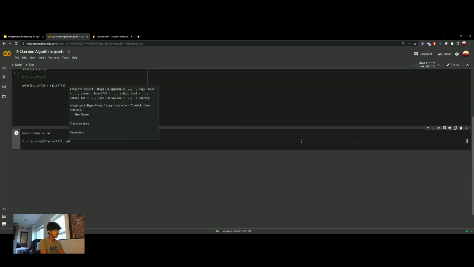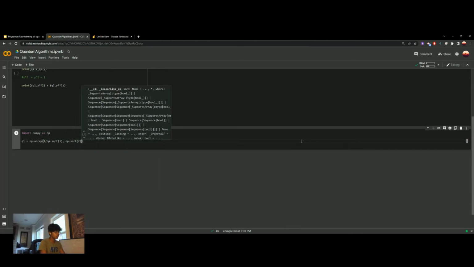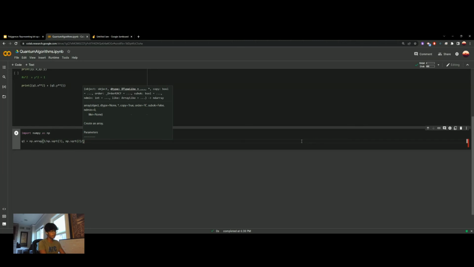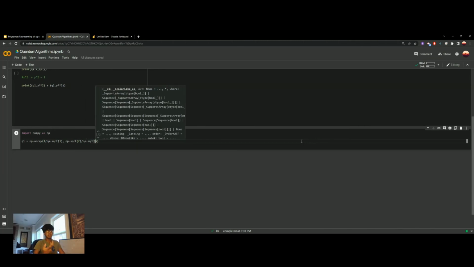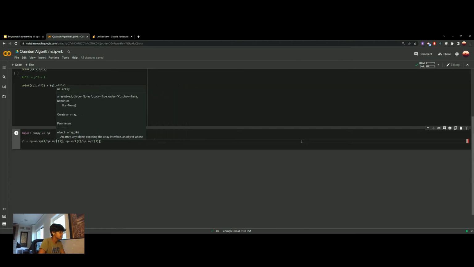Essentially we're going to have two numbers, one as your x and one as your y. So the second is np.sqrt of 2 divided by np.sqrt of 3, something like that. And now to really finalize this as our array, we need to put our brackets here.